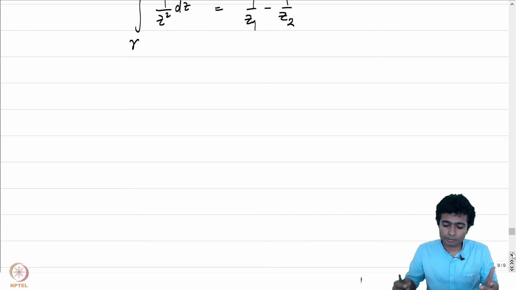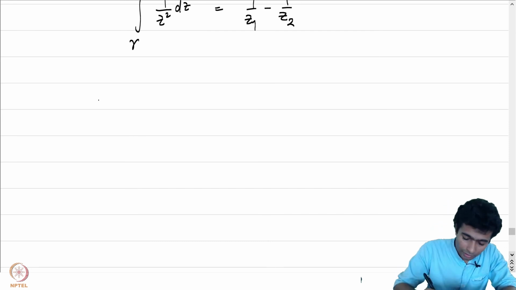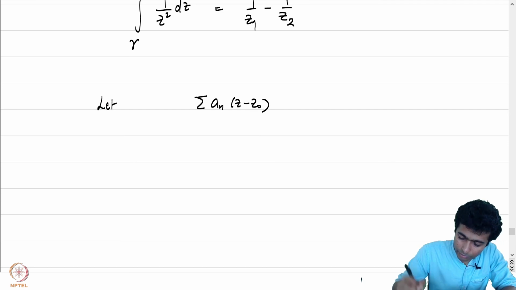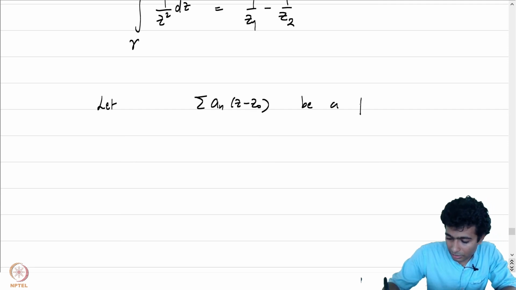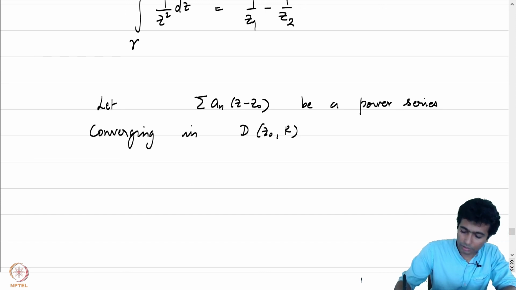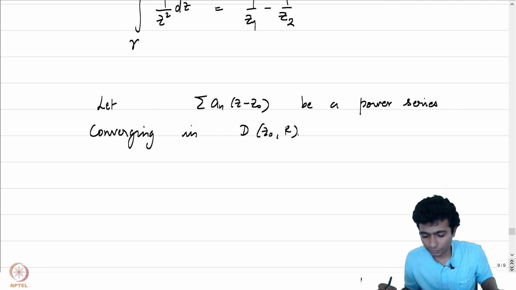Let's now consider some power series in its domain of definition. Let F of z equal the summation of a n into (z minus z0) to the power n be a power series converging in D(z0, R). So that means R is the radius of convergence of this power series.